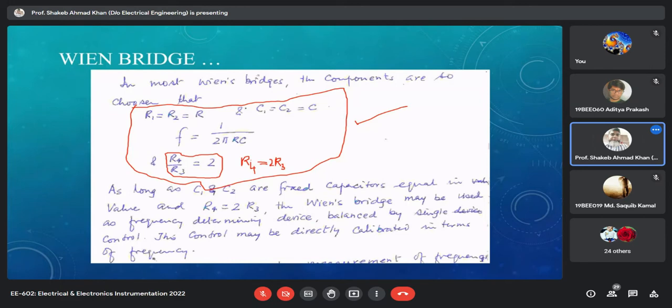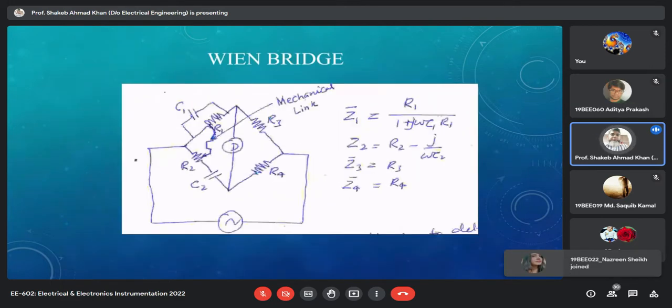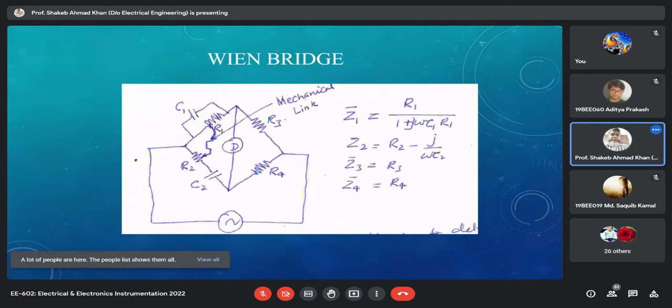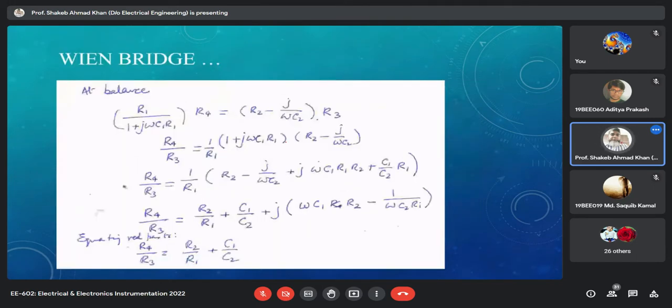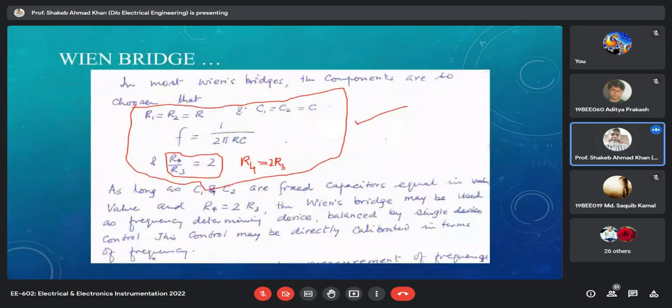Is it fine? Now, in this bridge we have designed, we are making R1, R2 equal and C1, C2 equal, so another condition for bridge balance is that R4 should be twice of R3. If these things are true, then we are supposed to satisfy only one balance equation, because the other is already satisfied.